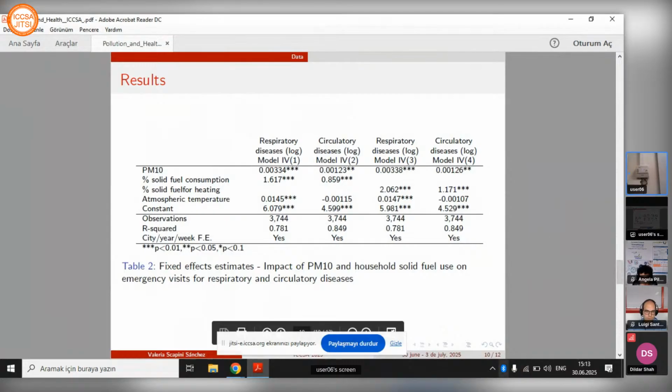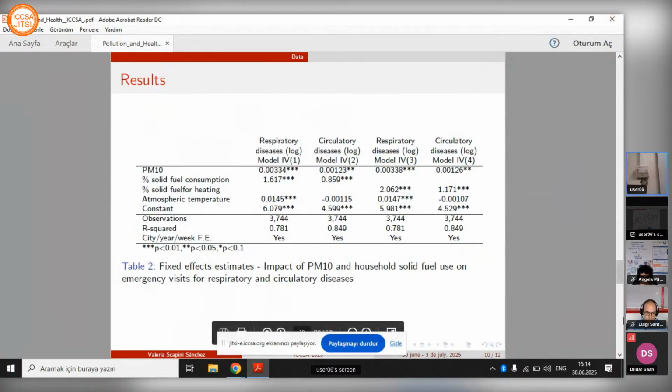And if you are using it only for heating your home, it is also very strongly related with both illnesses. And atmospheric temperature is only related with respiratory disease.